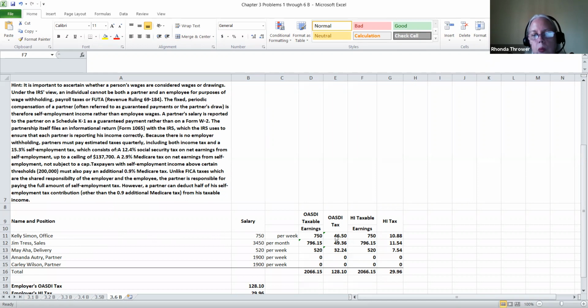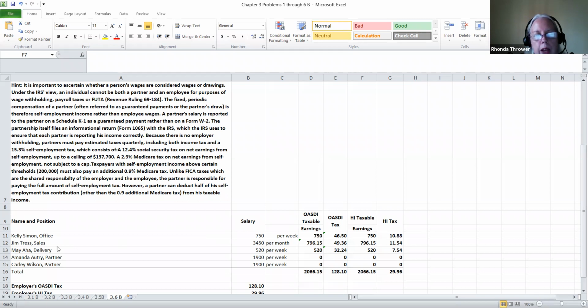So we would multiply 750 times 6.2% to get $46.50. We would multiply 750 for HI taxable earnings times 1.45% to get the HI tax.